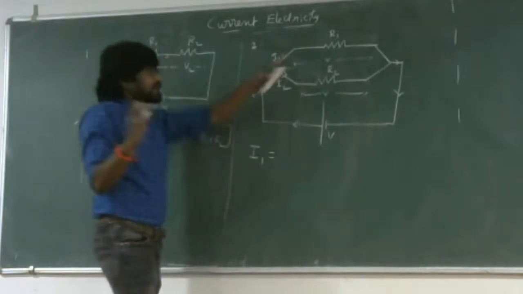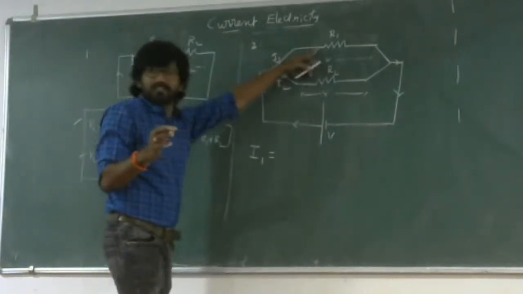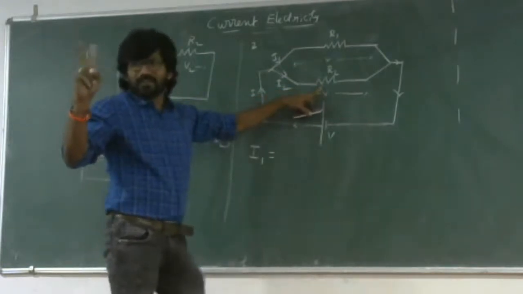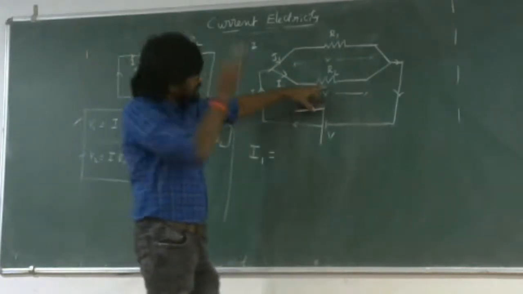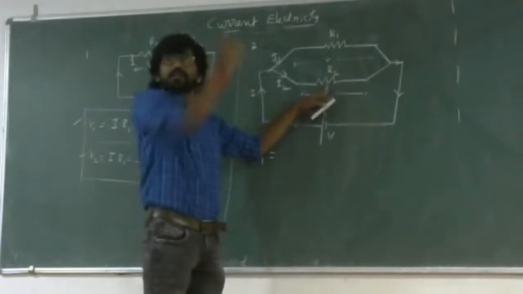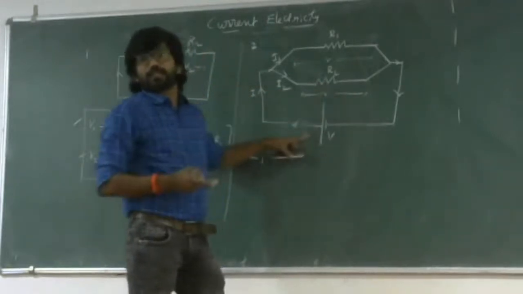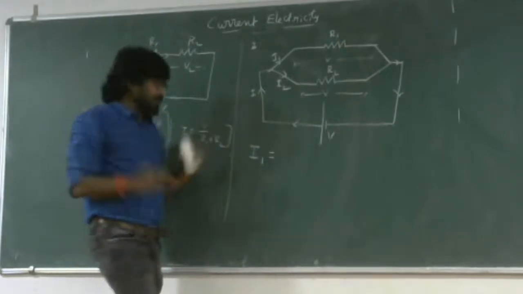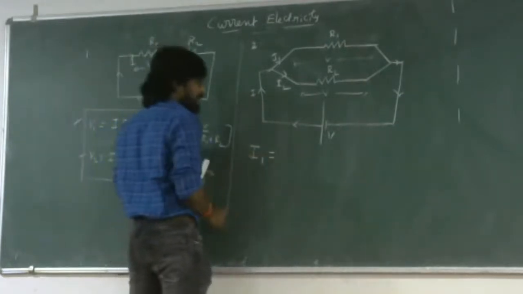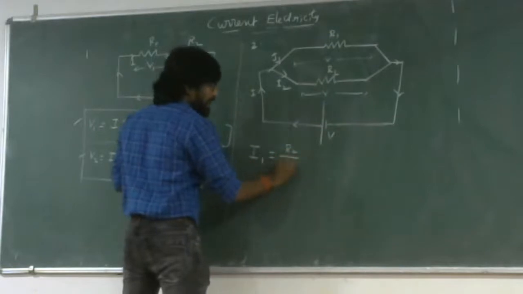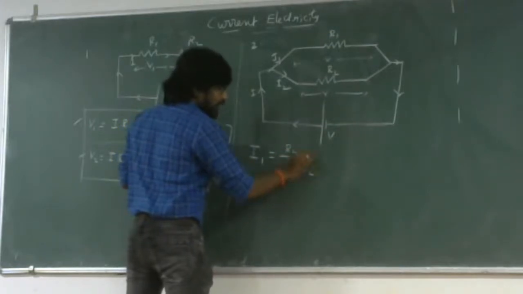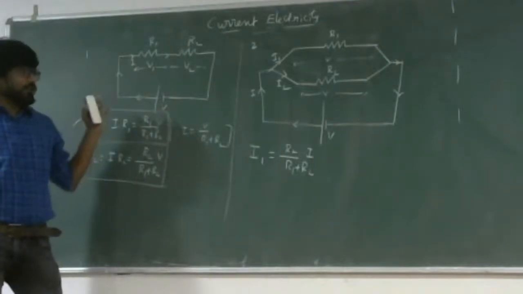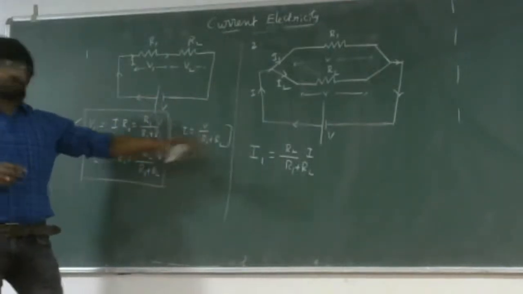Just remember this is applicable only when two resistors are there. The total current will be given. Is it clear, everyone? So it can be expressed as I1 is equal to R2 by R1 plus R2 into I, without using V.